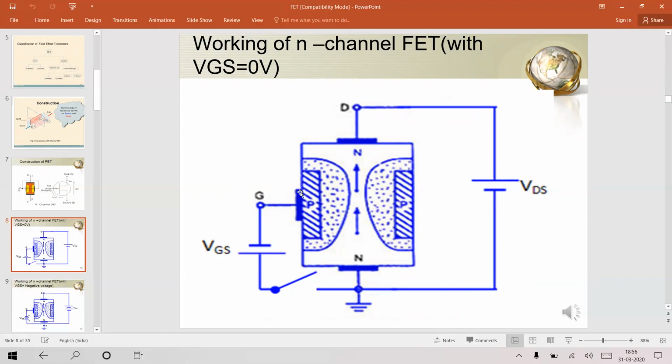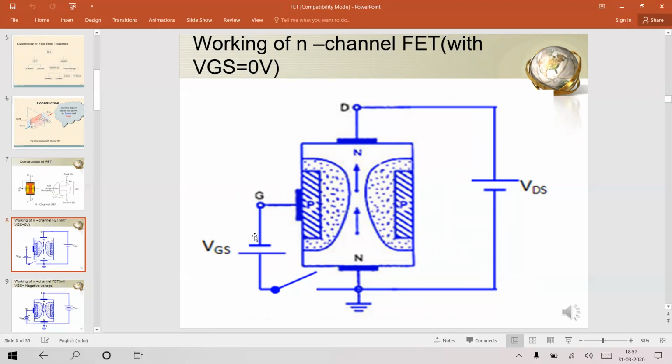With 0 volts at the gate, what will happen? You can see this barrier is extended, so there is very little path for the current flow.